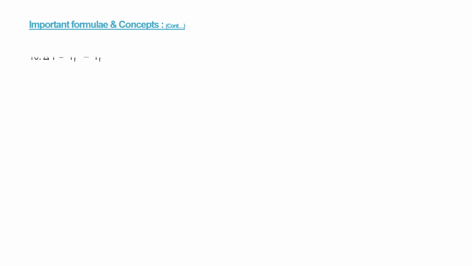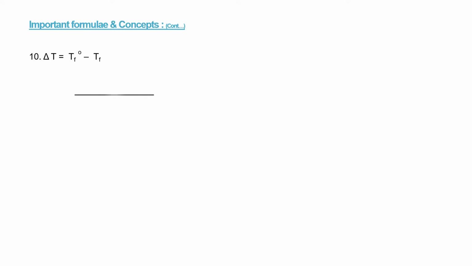Now next, another colligative property is depression in freezing point. For that, delta T is equal to TF naught minus TF. In this case also, TF naught is the freezing point of your pure solvent, and TF is the freezing point of your solution.